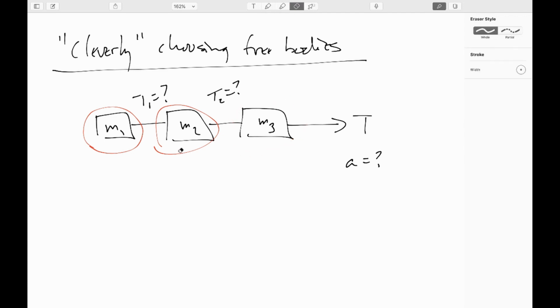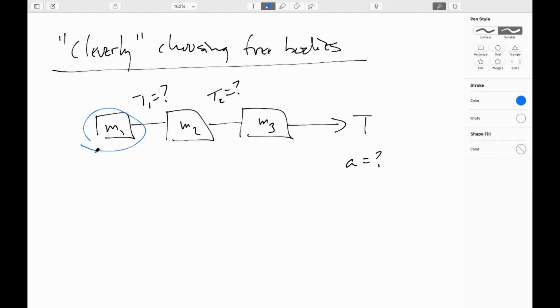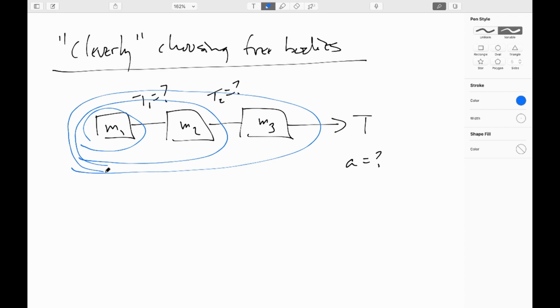A less obvious choice would be to make this a free body, this a free body, and that a free body. So whenever I draw a circle around it, that makes all the forces internal. So I draw this bigger circle around M1 and M2.